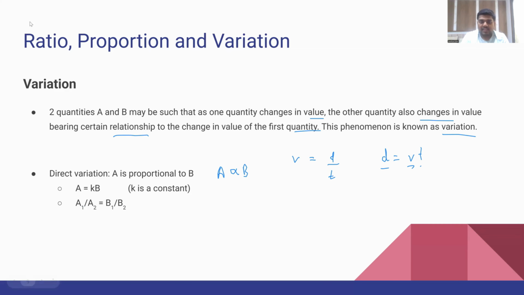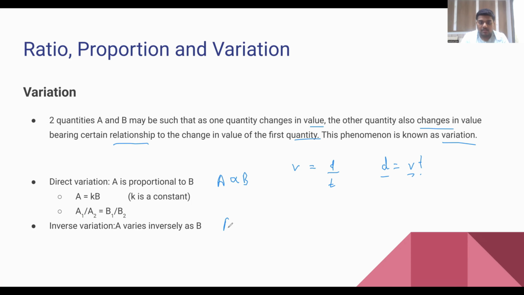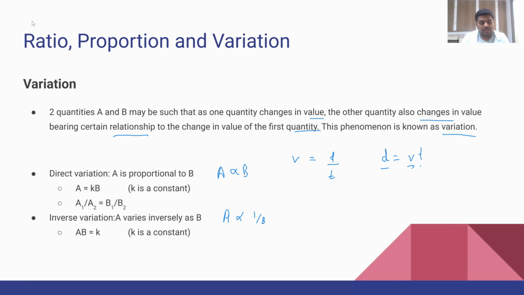And yes, A1 by A2 equals B1 by B2. So this is self-explanatory. Then there is another type of variation, which is inverse variation, wherein A varies inversely as B, which means A is proportional to 1 by B. Okay. And here we can write AB is equal to K, which is a constant. And A1 by A2 is B2 by B1.